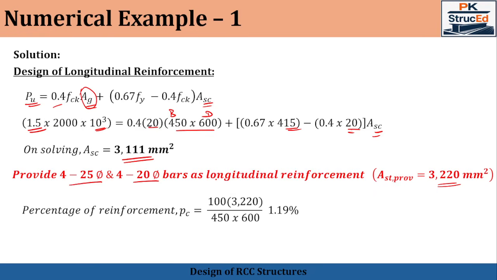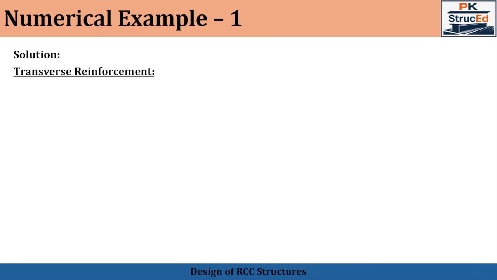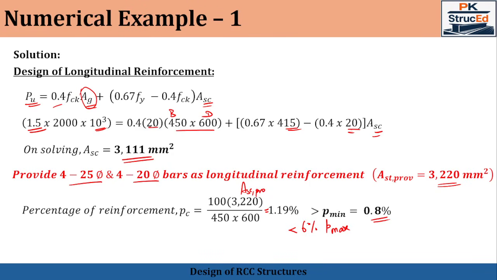The percentage of reinforcement, similar to the beam design, is 100 Asc provided divided by the area, B into D, which comes to 1.19 percent. You can see this exceeds the minimum of 0.8, and it is also less than 6%, that is the maximum, p max, which has also been given. Therefore, we can provide the same thing.